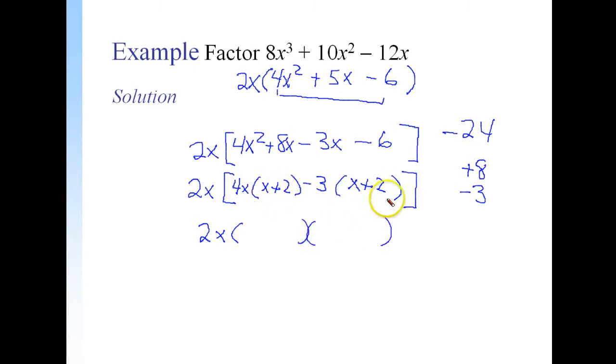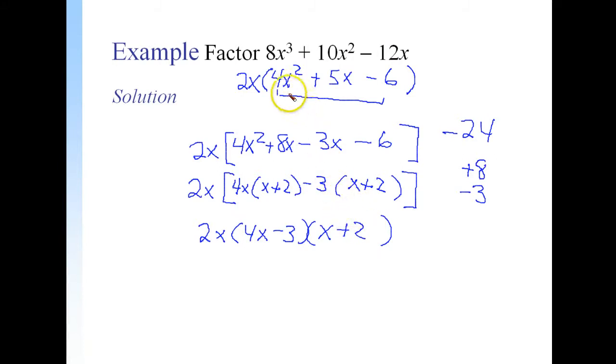And I tend to put this over here, and then the 4x minus 3. And again, if I FOIL through this, foiling this gives me this up here. And then I just multiply through by a 2x, and it brings me back, and it checks out.